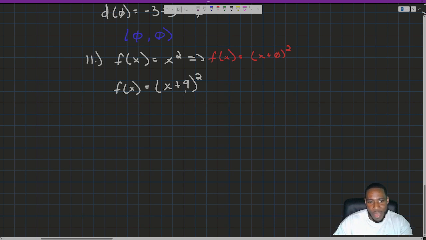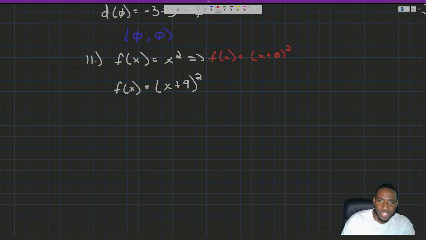If we are to compare the vertex for both of these, this one sits at 0 on the x-axis. We expect this one to sit either to the left or to the right of 0, 9 units. Now to figure out which one that is, we want to pay attention to the sign we're looking at here. And because we see a positive, and remembering that horizontal shifts are usually the opposite of what we expect them to be, if we see a +9 here, what that actually tells us is that the vertex for this function is at where x equals -9.